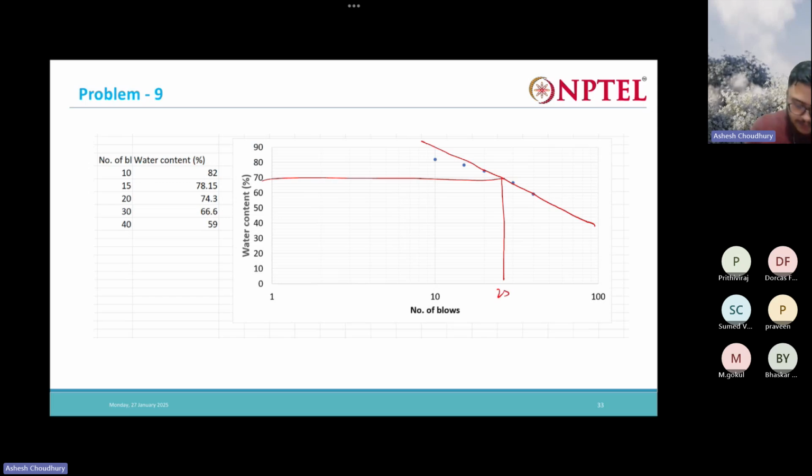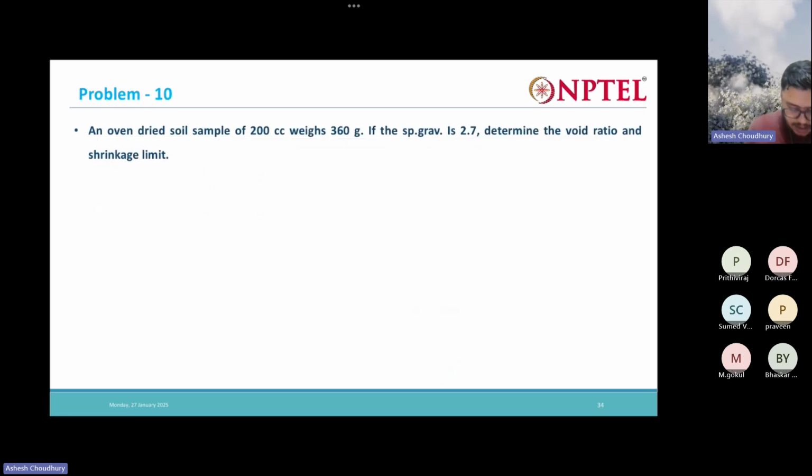So approximately the liquid limit comes out as 70%. It's just to show you why I had put this one, nothing else. Right, so almost last two problems, problem 10 and 11, let us see, then we will close the session.